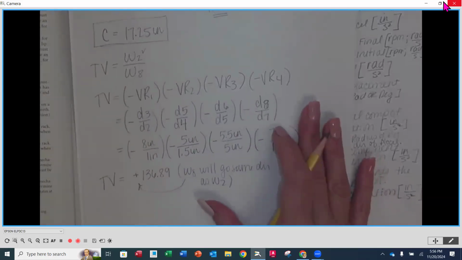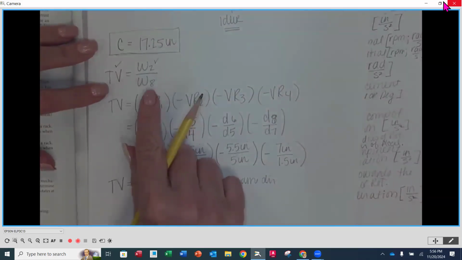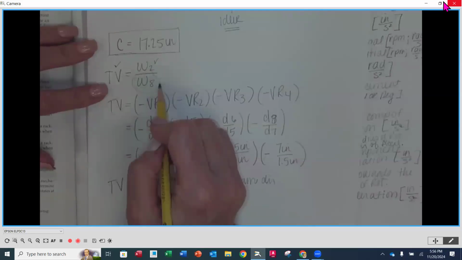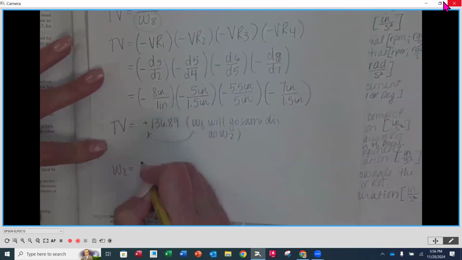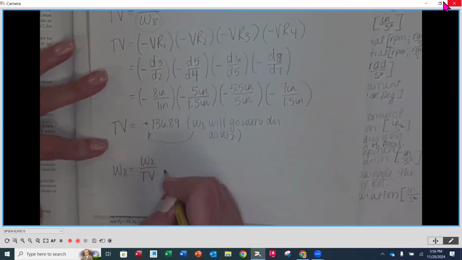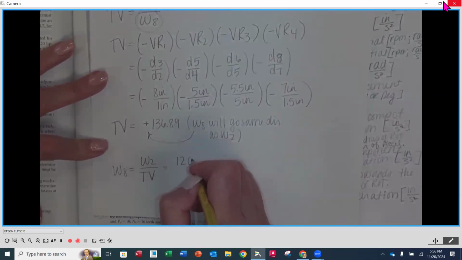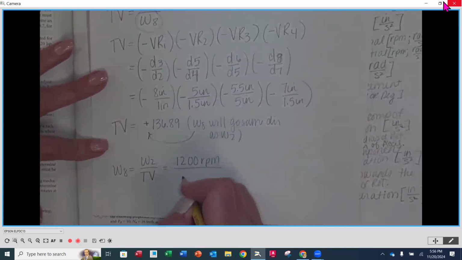Okay, so if we go back up here, we now know our train value. We just calculated it. So our only unknown here is going to be our W8. So we can simply, W8 is equal to W2 divided by that train value. So we know that W2 is 1200 RPMs divided by 136.89.